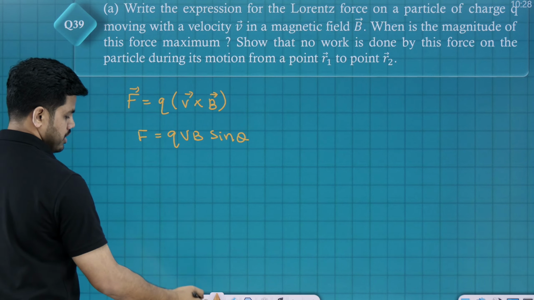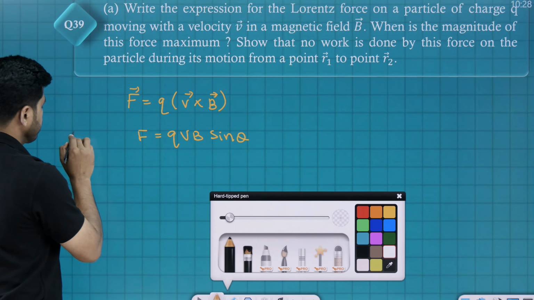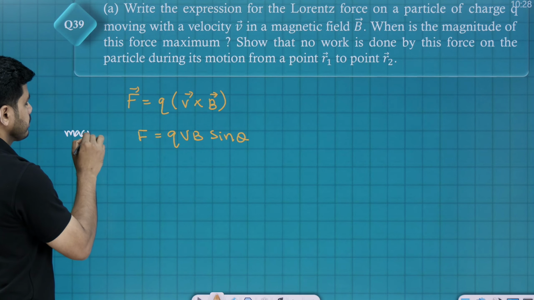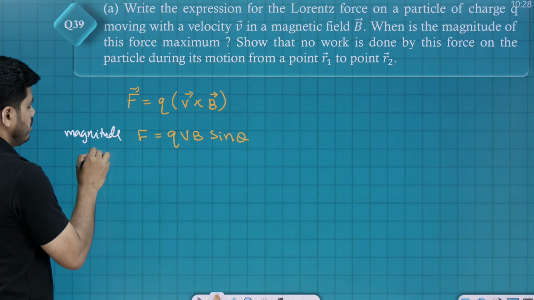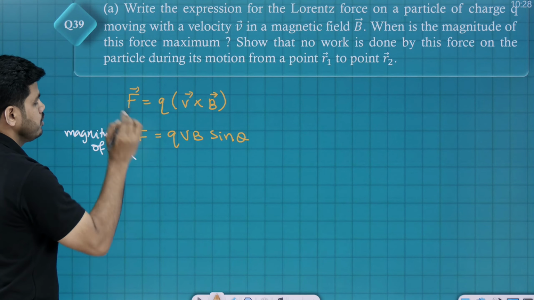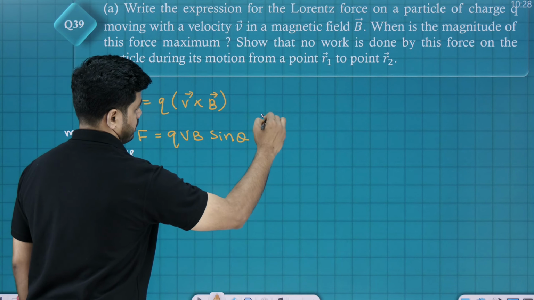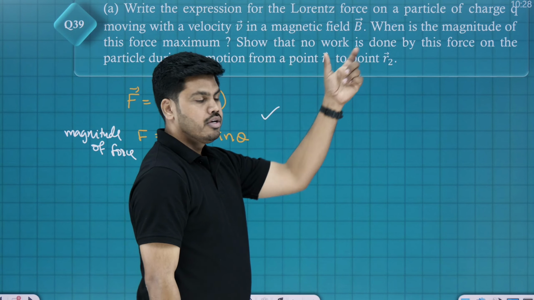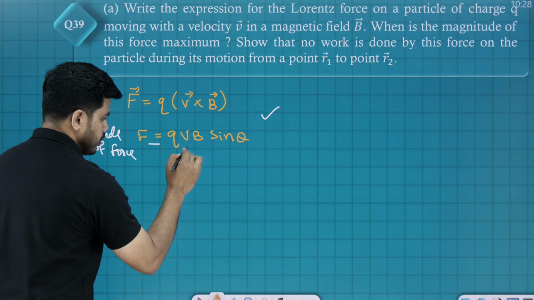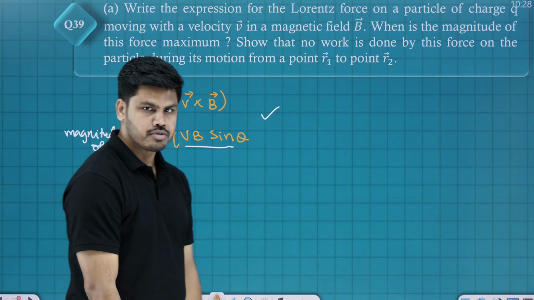So this is the vector form, and this equation gives you the magnitude of the force. Magnitude of force is equal to qvB sine theta. So this was the first part of the question, where you were asked to write that equation. We wrote the vector form and the magnitude of that particular force.